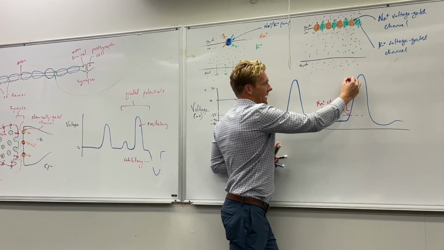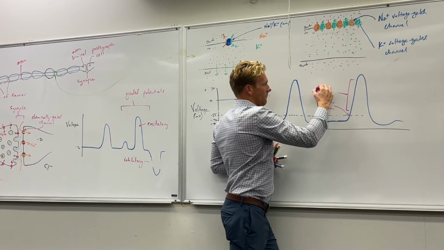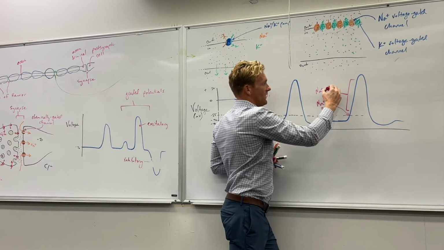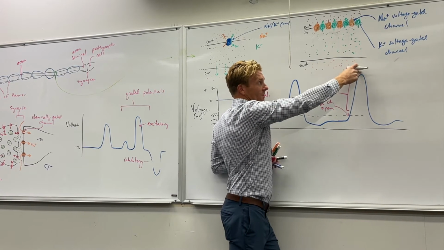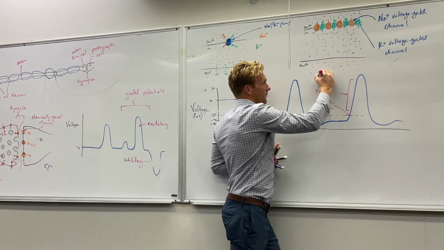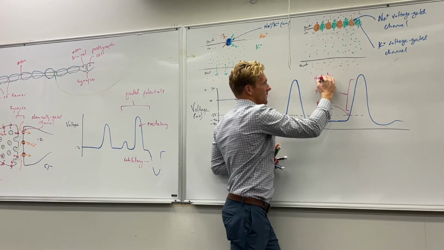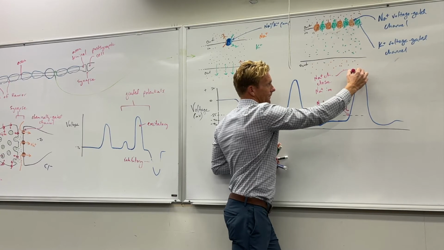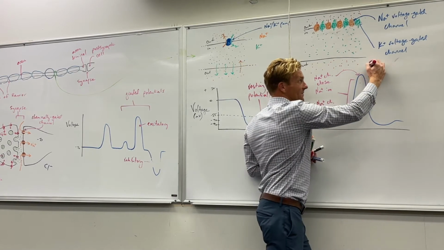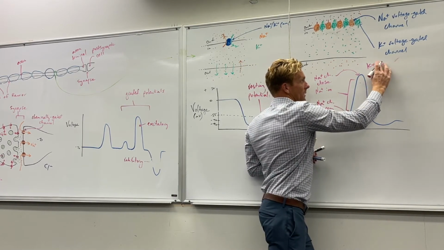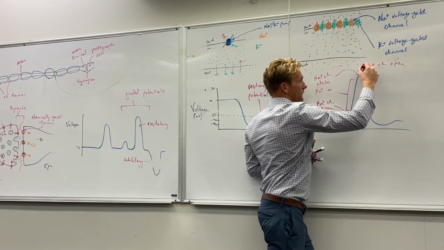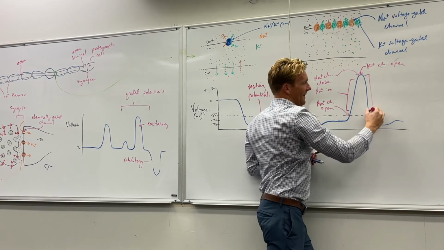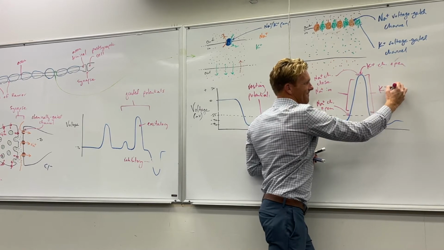That is going to allow sodium to come in, which causes the voltage to increase all the way up to positive 30. When it reaches this point, the sodium channels close. At the same time, the potassium channels are going to open.